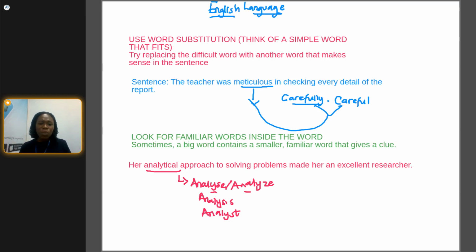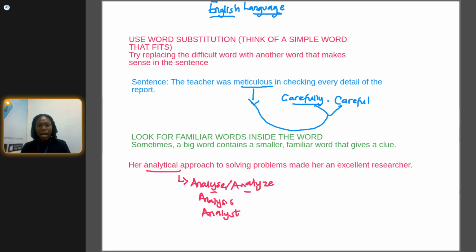So if you now see words like detailed, reasoning, systematic, logical, critical, you already know that this is what it means. These are the synonyms I can use for the word analytical. And if you are asked to choose the antonyms of the word analytical, you already know that analytical means the ability to think logically.